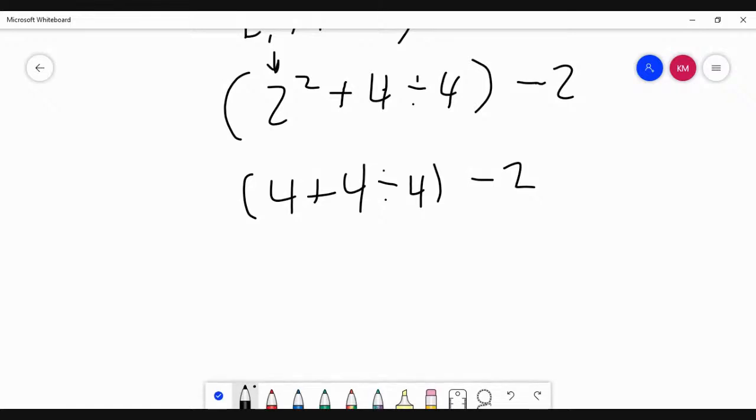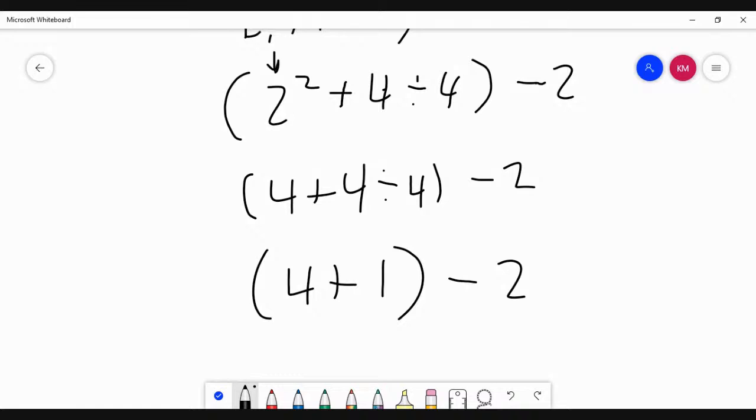So now, 4 plus, we'll start it off. Then 4 divided by 4, that gives me 1. So 4 plus 1 minus 2. Keep going.